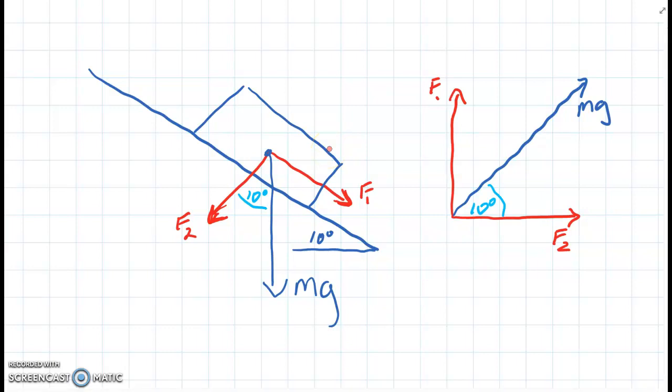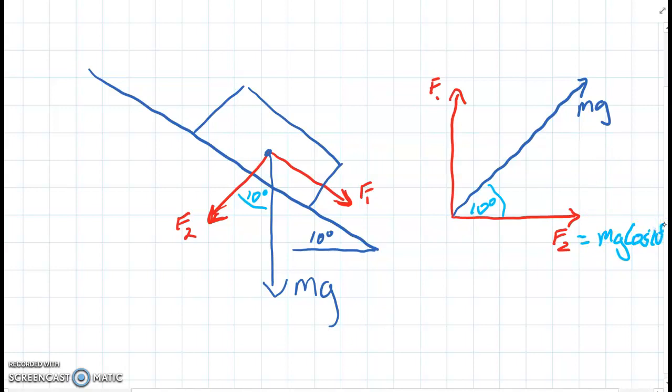Now, if you were given a question here, what you're really asked to do is find out what F1 is. And we know that the component that has the angle in it is always the cos component. So F2 is going to be mg cos of 10 degrees.